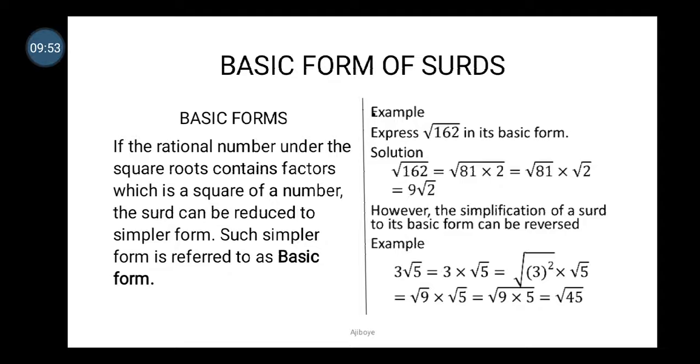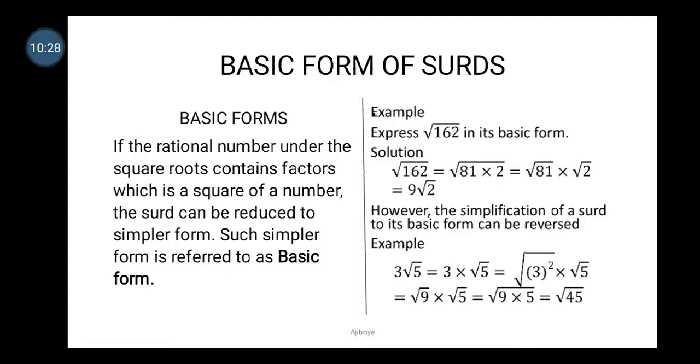However, the simplification of a surd to its basic form can be reversed, right? It can be reversed. That is, we also look at the third rule of surd, you see that if we square the entire basic form, we can get back the surd. For instance, 3 root 5 is equal to the square root of the square of 3, because the square and the square root will cancel out.